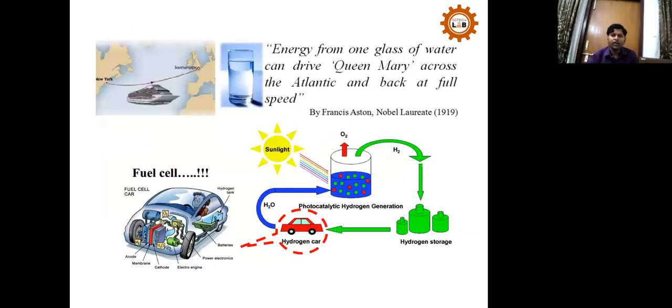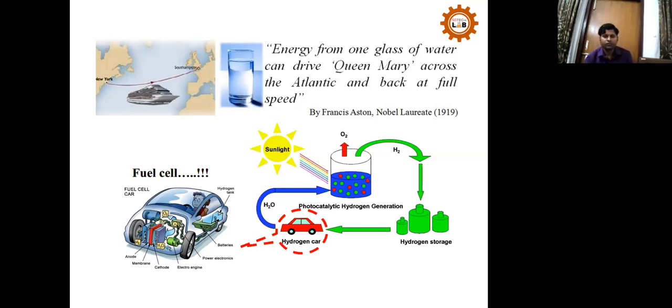Then the fuel cell that I talked about. Generally in fuel cells or hydrogen cars, this is one kind of source used for energy, and it can be used for driving any kind of vehicle, whether a car, bus, or bigger vehicles.